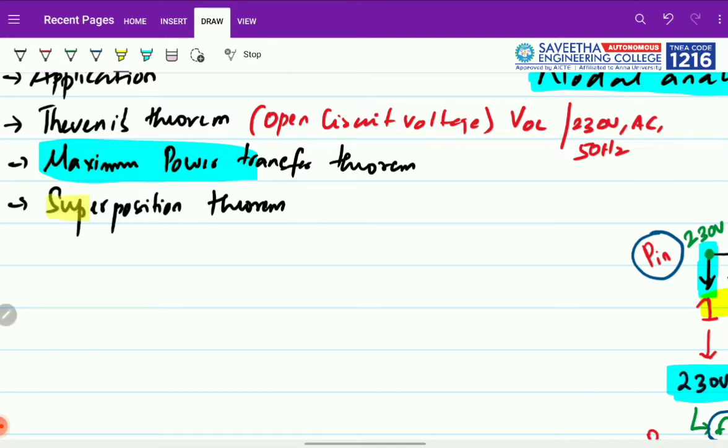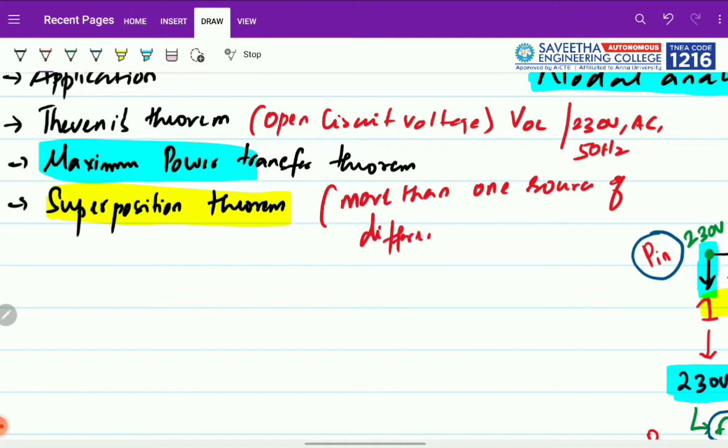Superposition theorem is a simple method of solving circuits. Suppose you have more than one source of different types.